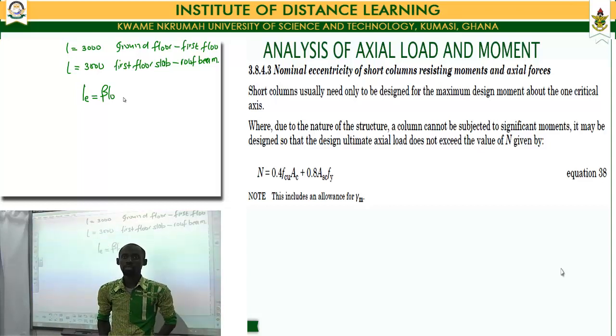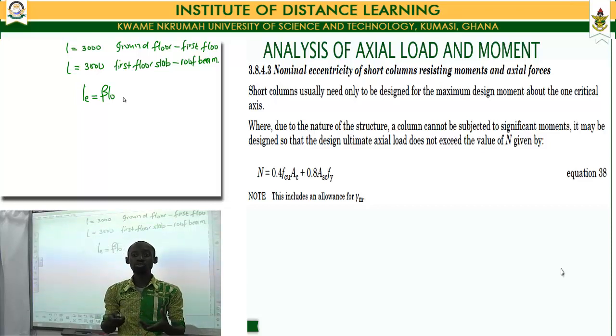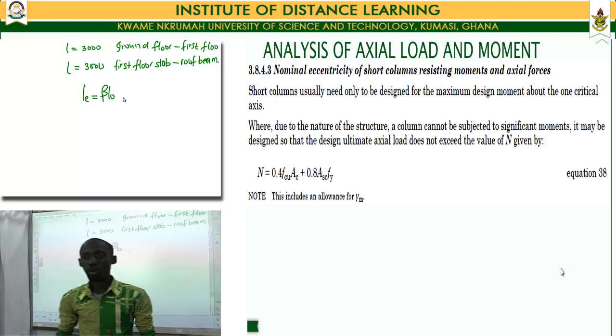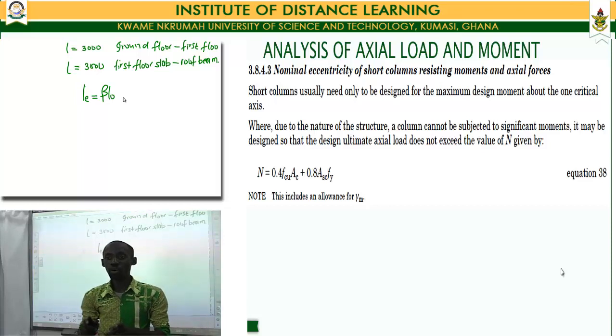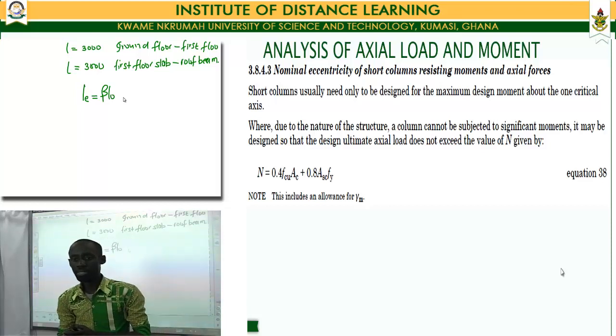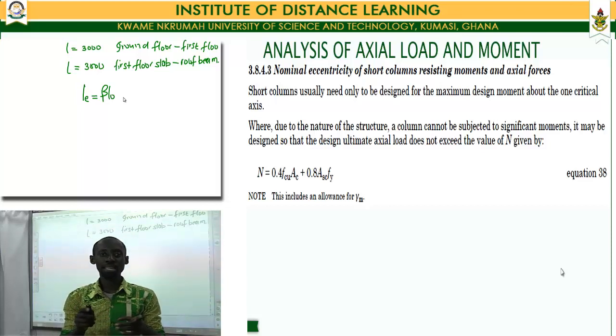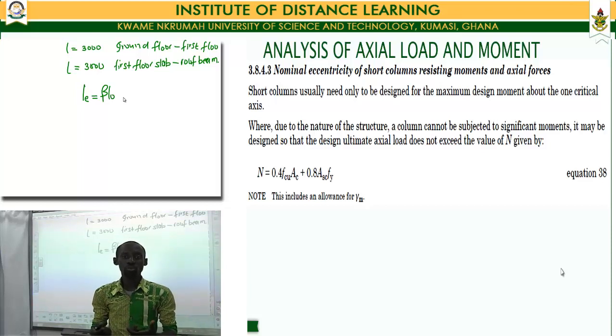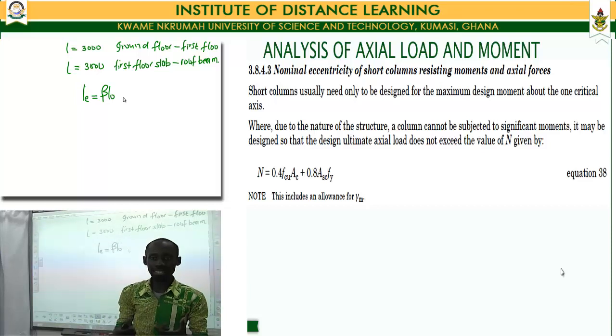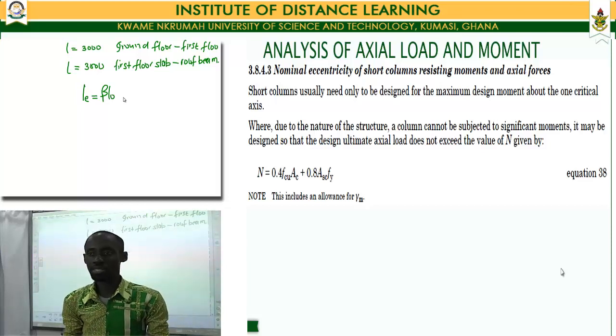With that being said, it means that we can pick this equation and make use of it. It says that where, due to the nature of a structure, a column cannot be subjected to significant moment, it may be designed so that the design ultimate axial load does not exceed the value of N given by equation 38. Now, the value of N given by equation 38 is the axial load capacity of our column, which is the maximum amount of axial load that our column can resist.